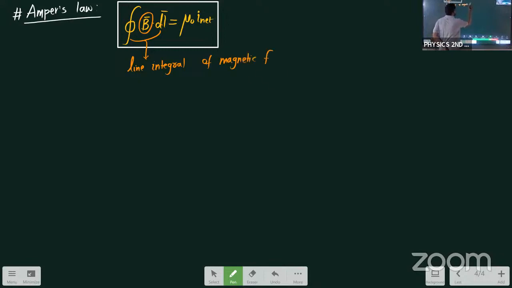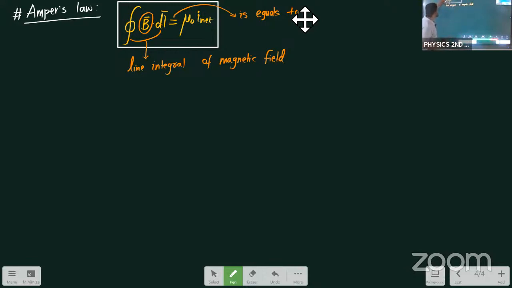So what is the definition for this? What is the statement of Ampere's law? I hope you remember Gauss law. In Gauss law also we did the same thing. We wrote the formula, and based on that formula we were able to write down the statement. The same thing we are going to do.